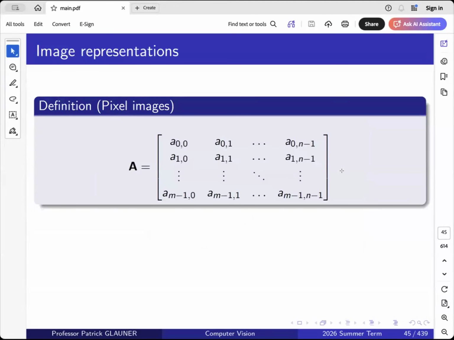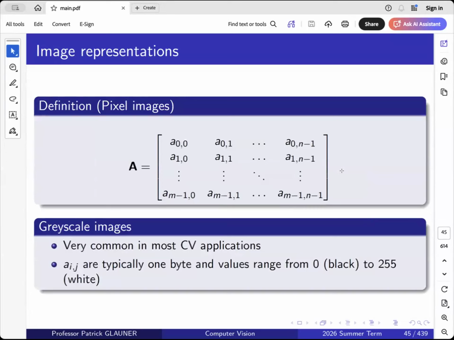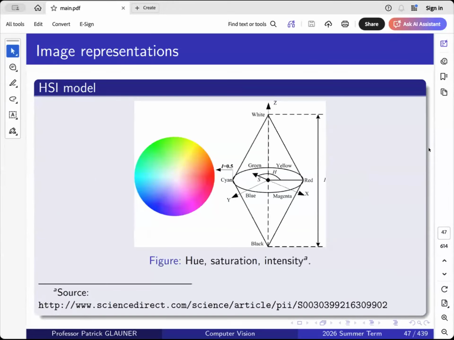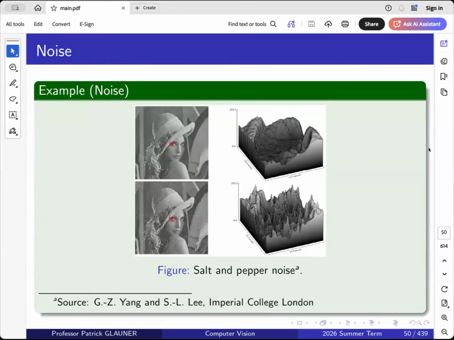Pixel images can be represented simply as a matrix, and we mainly work with grayscale images where a pixel value 0 would be black and 255 would be white. So we have 1 byte per pixel. And there are also different color models that we discussed, as well as the famous Lena image here. And we noticed how noise can be visualized in these images.